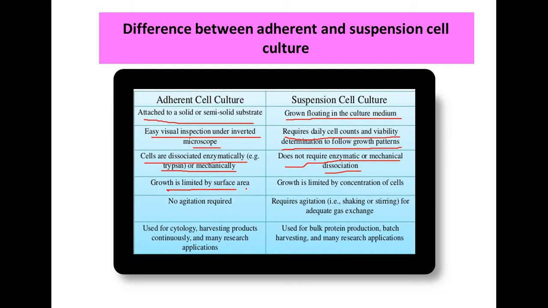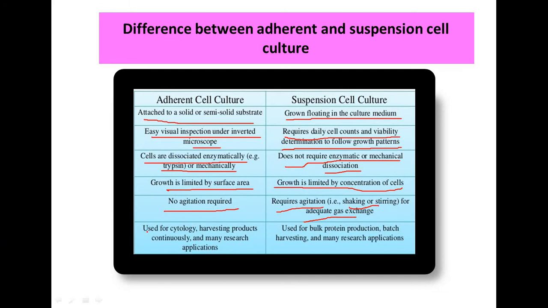Growth is limited by surface area for adherent cells, and growth is limited by concentration of the cells for suspension cells. No agitation is required for adherent cells, but agitation is required for suspension cells, like shaking or stirring, for adequate gas exchange.